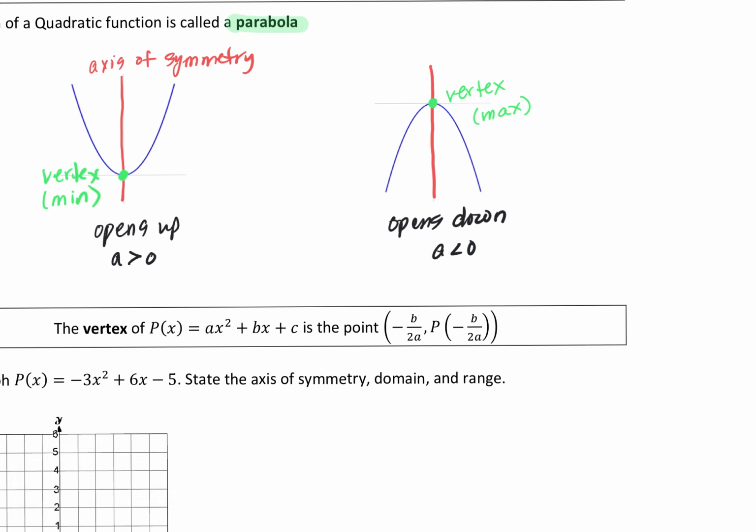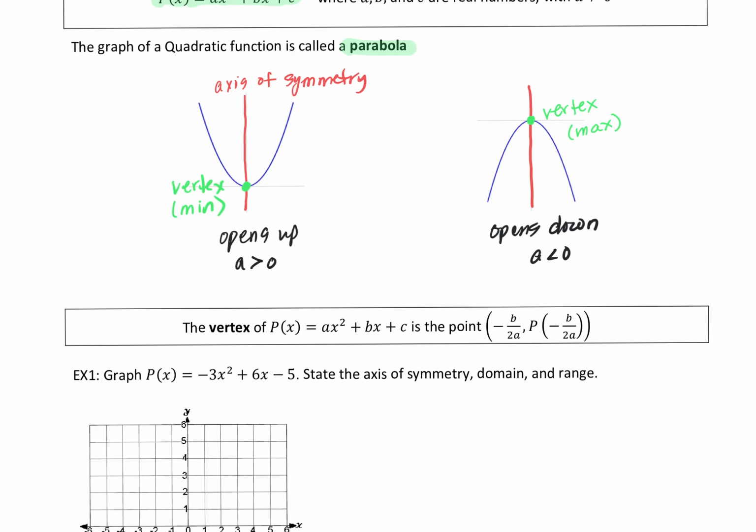Okay, some other things that we might want to note when we talk about our vertex is that when we're graphing a parabola, the vertex is our starting point. That's one reason why it's the most important point. So once we have our vertex, all we have to do is either go up or down and our parabola is drawn.